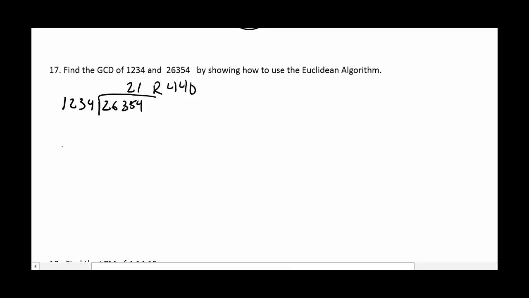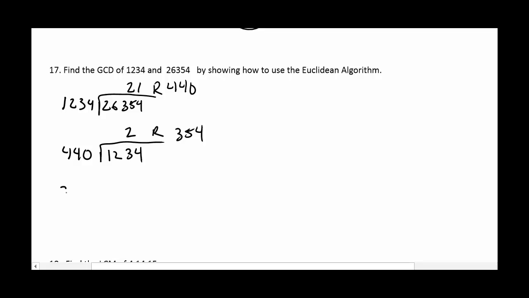Okay, so then I want to take 440 into 1,234. Alright, and I get 2 with a remainder of something. Okay, so that gives me a remainder of 354. And we're getting closer.